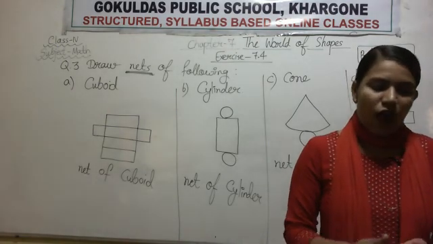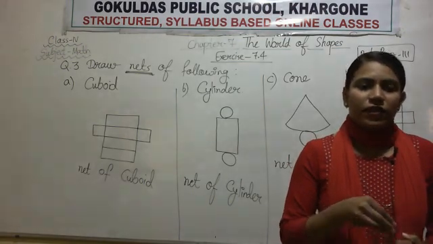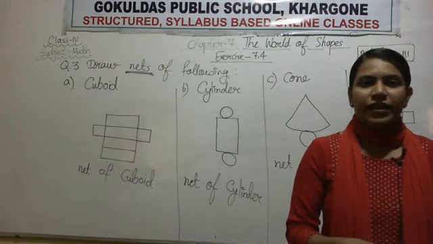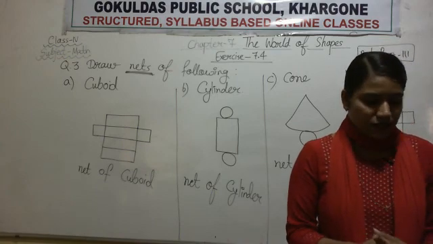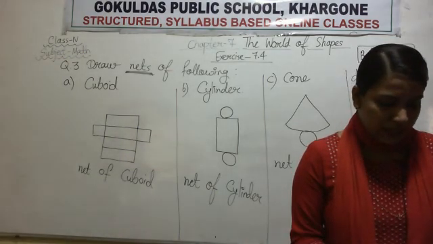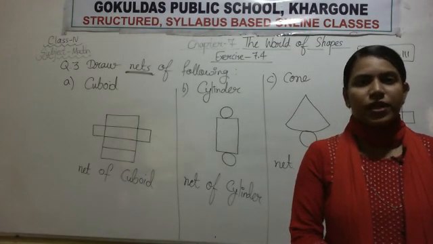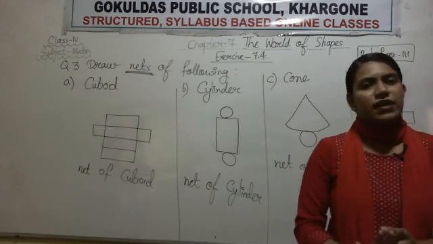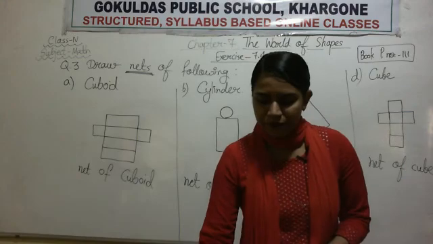We learned what is circle, and different terms related to circle like radius, diameter. We discussed formulas related to circle, and we discussed solids, plane shapes, solid shapes, and nets of solids. So this chapter is over here, but you need to practice it at home.